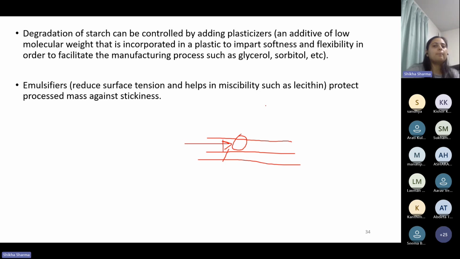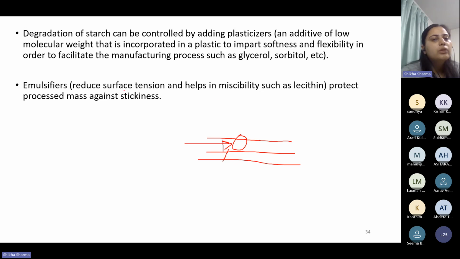So usually when we add plasticizers, it changes the behavior of the starch, or the gelatinization behavior of the starch. So the degradation of the starch can be controlled by adding a specific amount of the plasticizer, and the properties can be modified.